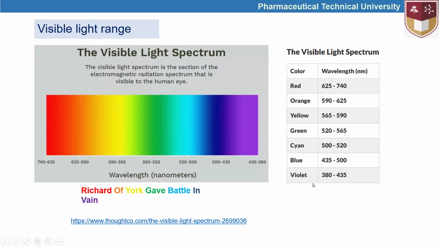Here you can see the wavelength of different colors. Violet starts from 380. In some cases it's written 400, and red ends at 740, 780 in some cases, and rarely it's written 800.